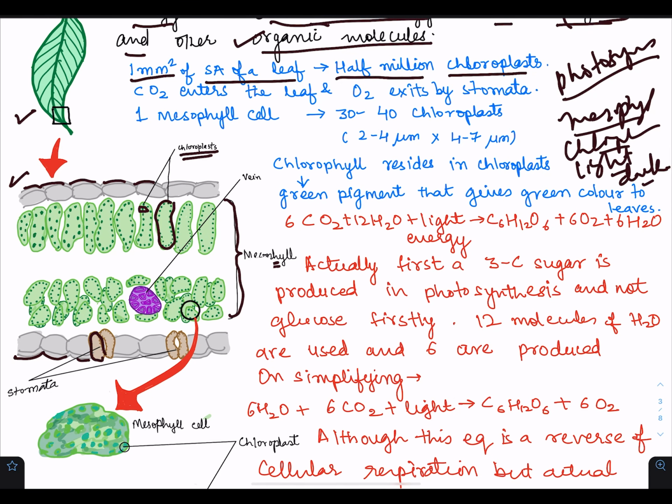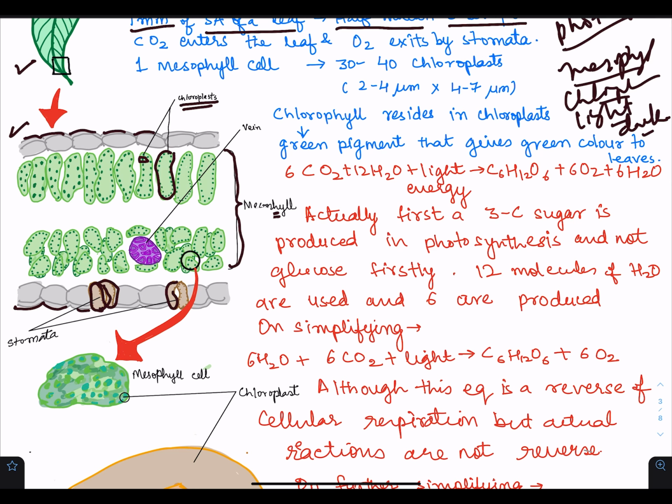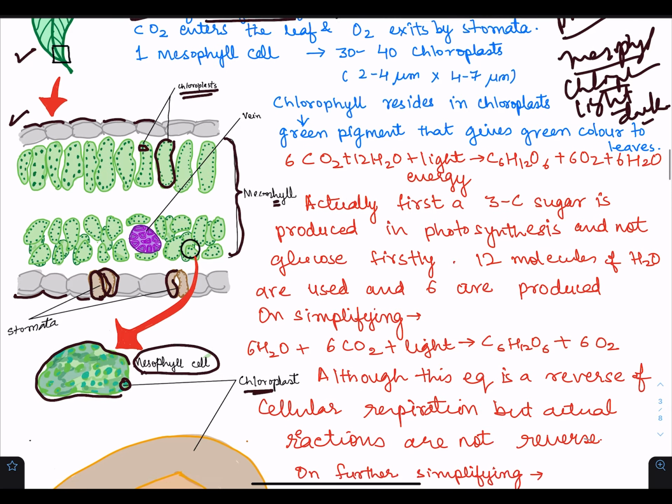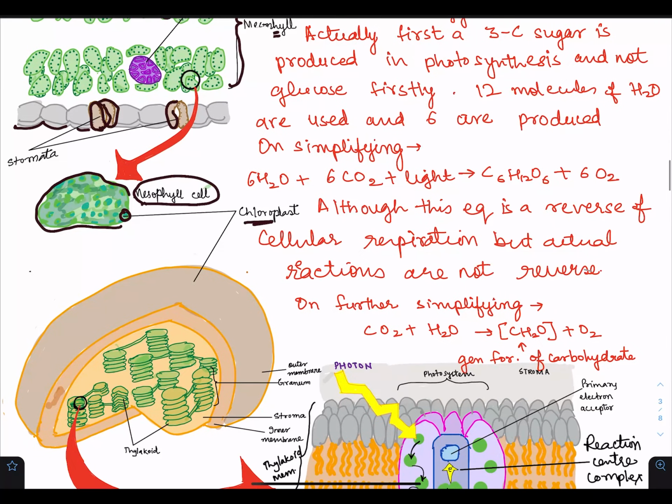These are the stomata, lower epidermis of the leaf. And if we see a single mesophyll cell, it looks like this. And these chloroplasts, this single dark green dot is this chloroplast. And if we study the structure of a chloroplast, it looks like this.